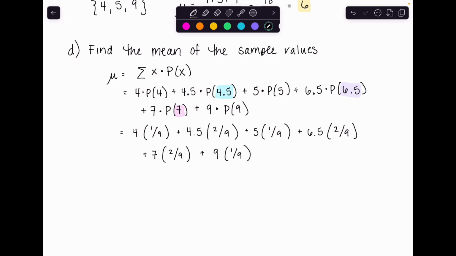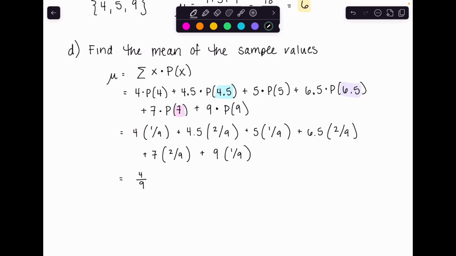So when you're multiplying a number times a fraction, again, you can think of this as 4 over 1. So you then multiply numerators, multiply denominators, but really you're just going to take that numerator and times it by the value out front. So we're not going to use our calculator. This is one we can do by hand. 4 times 1/9 gives us 4/9.